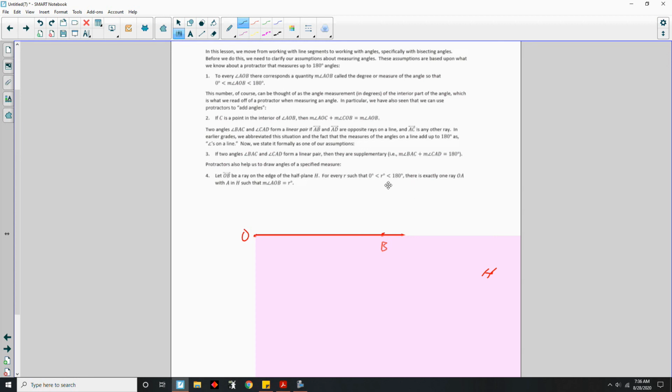So if R is, pick a degree, doesn't matter to me, if R is 70 degrees, that means that there is only one ray where the measure of angle AOB is R degrees. So there is only one A in H. So if this is 90, 70 would be here.